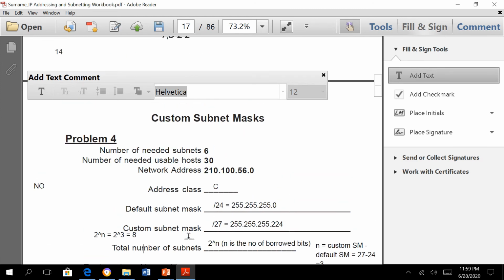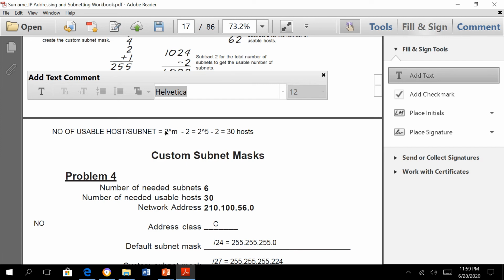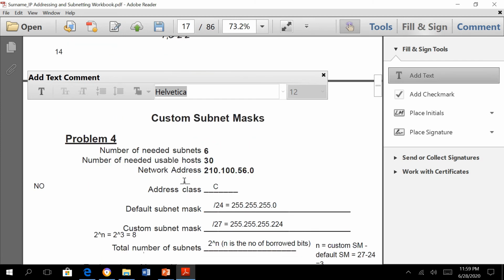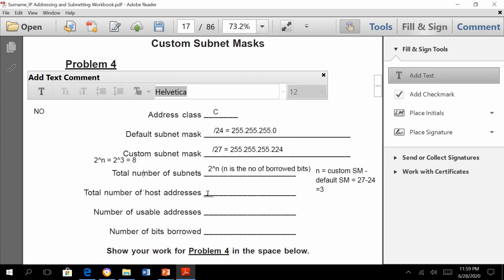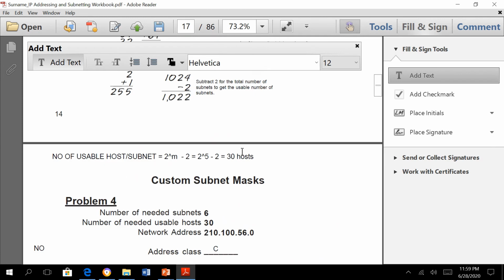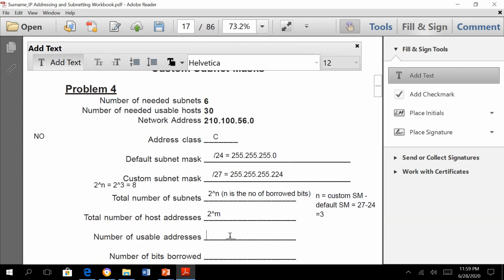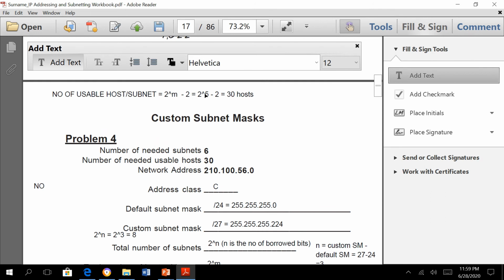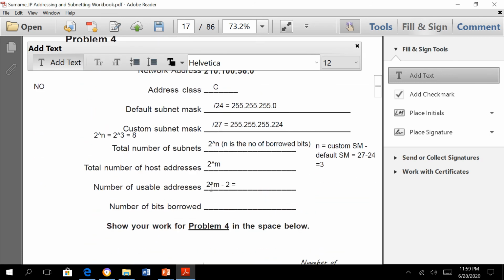Next, total number of hosts. The total number of host addresses is 2 raised to m. The number of usable addresses is the one we're computing, with the formula 2 raised to m minus 2. Again, take note our m is 5, based on what we computed.